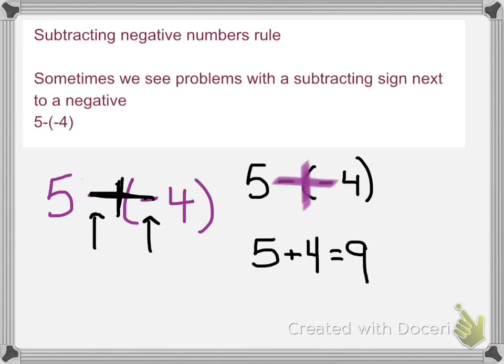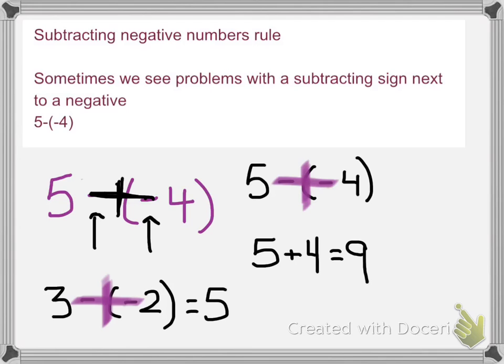So if I had 3 minus negative 2, once again, I see those two subtraction signs together. So really, I'm doing 3 plus 2, which is 5.